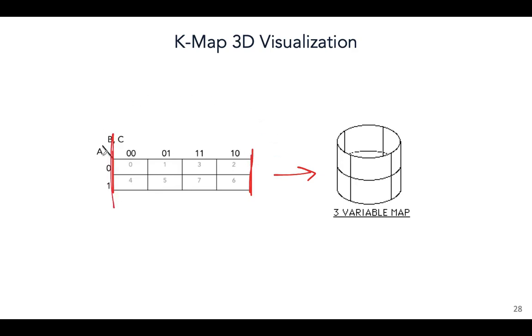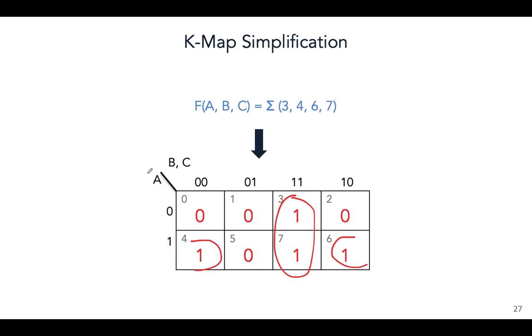This end is connected to this end, so that this forms a cylindrical surface, which is why this cell is adjacent to this cell and this cell is adjacent to this cell. And by that definition, you can see that this one is adjacent to this one. So all you have to do for the simplification of K-maps is group together 1s present in adjacent cells.